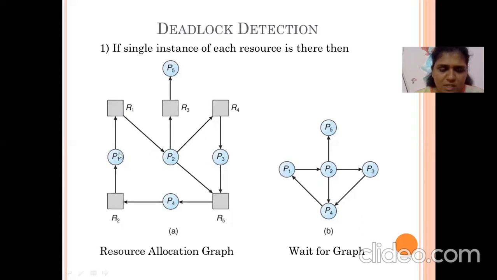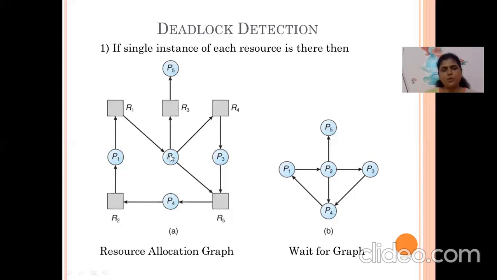This dependency can be shown directly by drawing an arrow from P1 to P2, as shown in this wait-for graph. Here process P1 is dependent on P2 because P1 is requesting R1, which is held by P2. Such kinds of dependencies will be shown in the wait-for graph. This dependency is shown for R1.